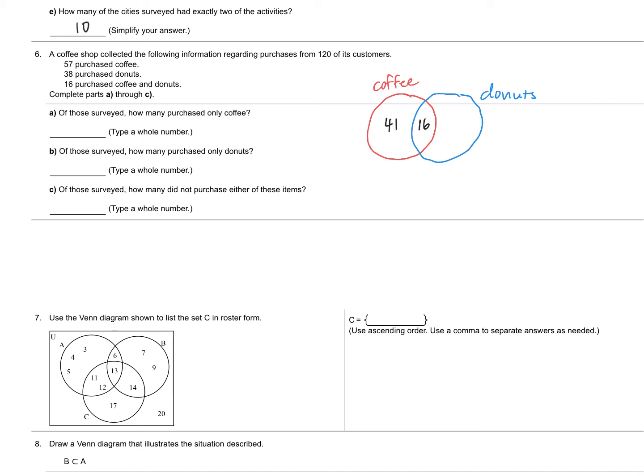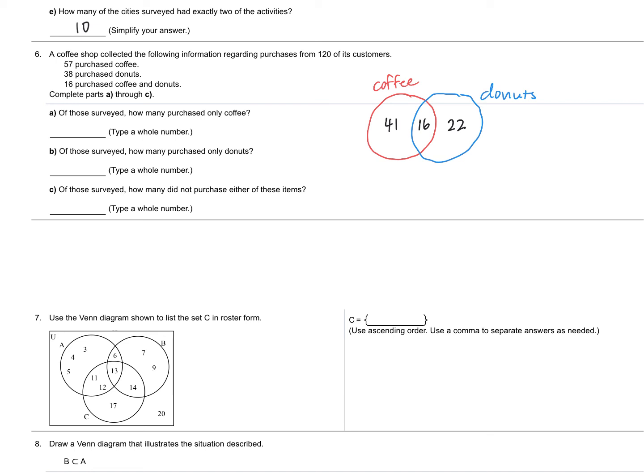All right, and then it said 38 purchased donuts. So again, everything in the blue circle has to total 38. So 38 minus 16 is 22. When I add 16 and 22, I get that 38, which is how many purchased donuts. Now we want to complete parts A through C. So of those surveyed, how many purchased only coffee?